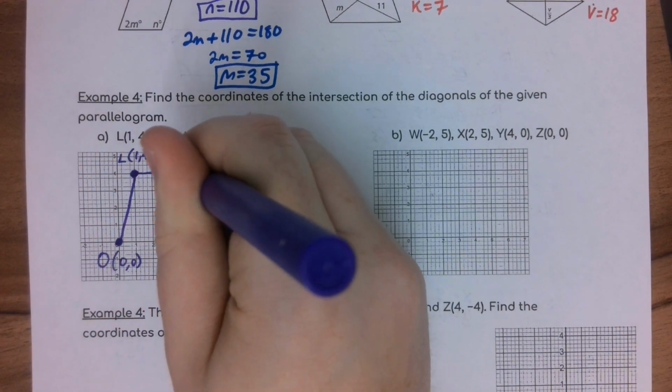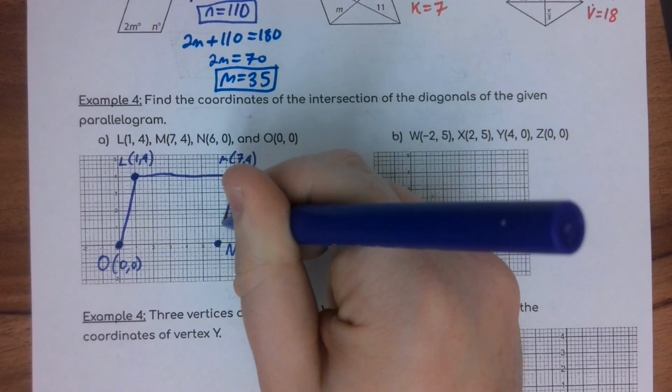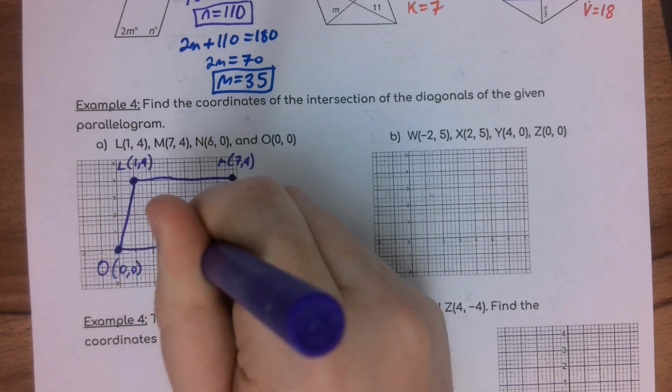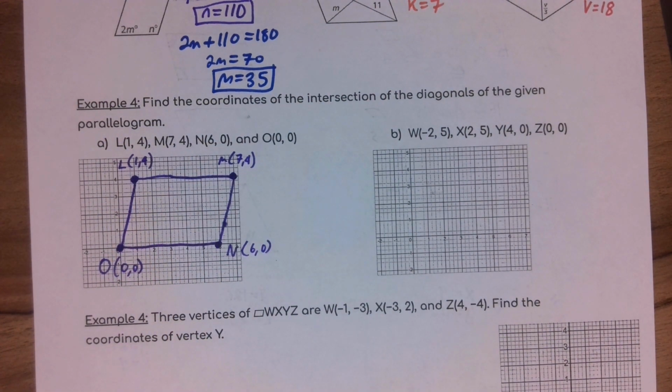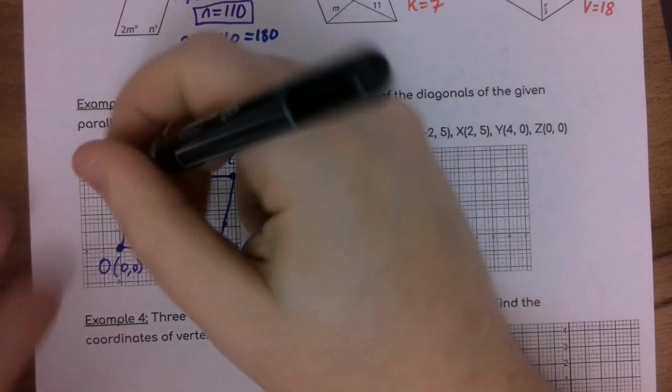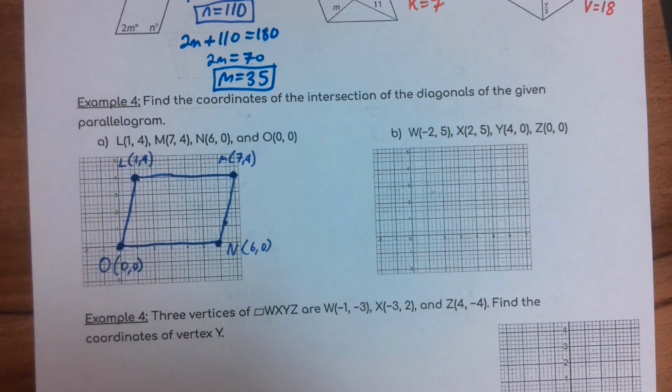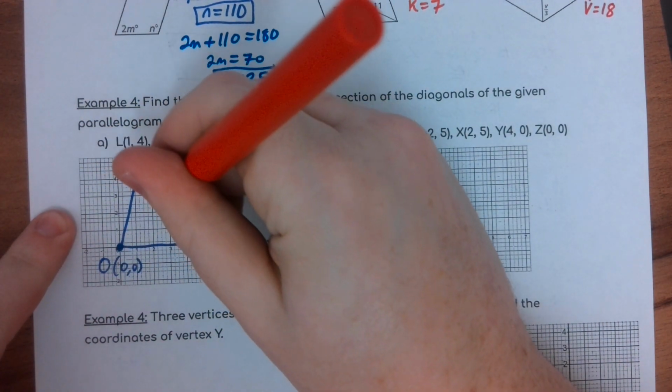Swoosh, swoosh, swoosh, and swoosh. Right? To find the intersection of the diagonals of this shape, I'm going to draw the diagonals, let's draw them in red actually, across the shape.